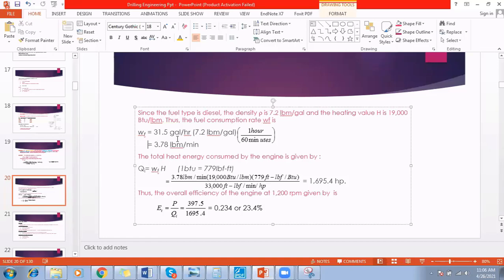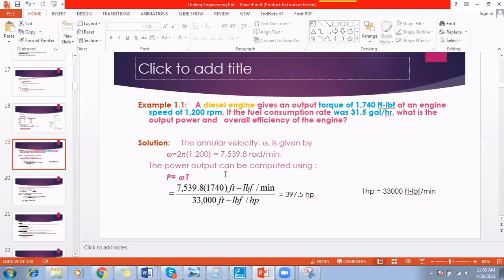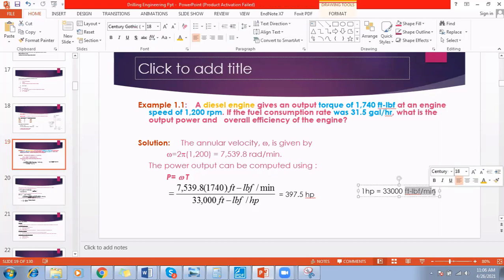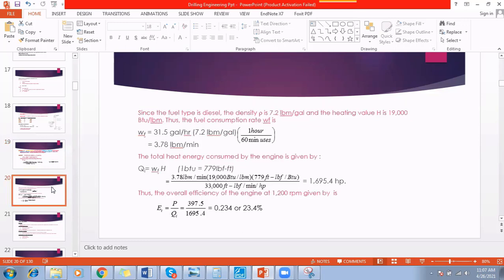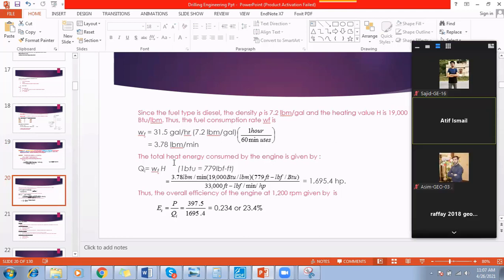Okay. Actually, I will tell you the reason for this unit. You can see that the power in HP, the HP is equivalent to foot-lbf per minute. So what we need to do is, if this output power is in HP, then we have to calculate the input power in HP as well. Why are we doing this?